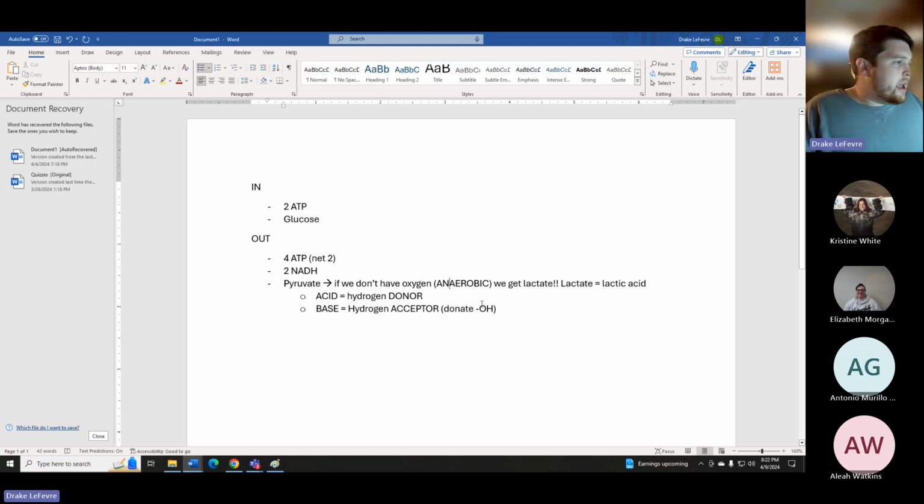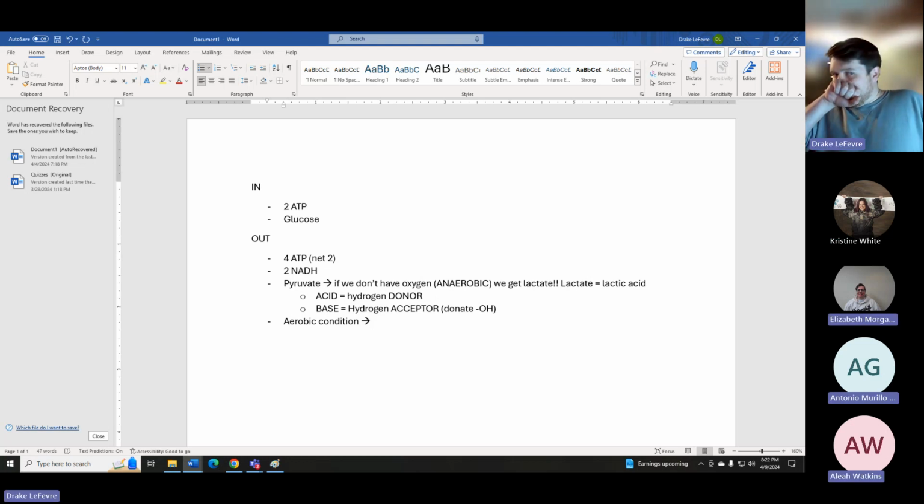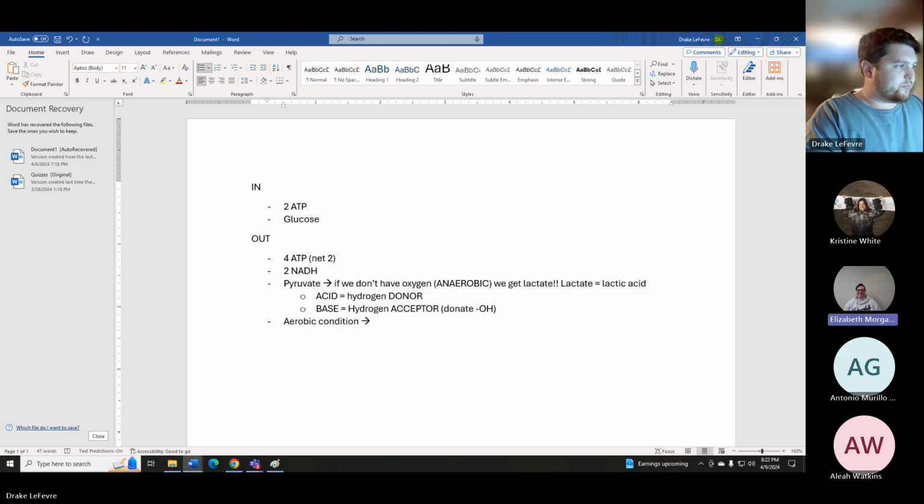What about an aerobic condition? What happens to our pyruvate? Then it goes into the Krebs cycle. How does it go into the Krebs cycle? Our pyruvate goes to acetyl-CoA.